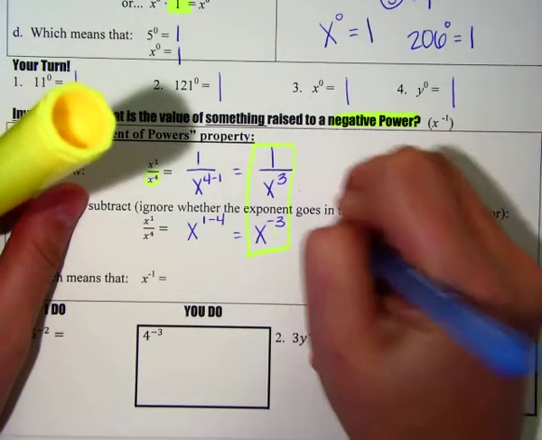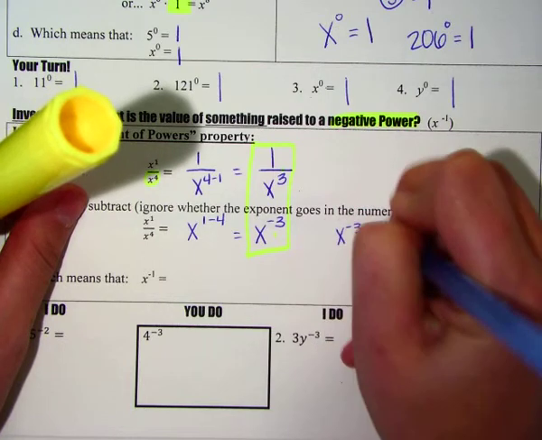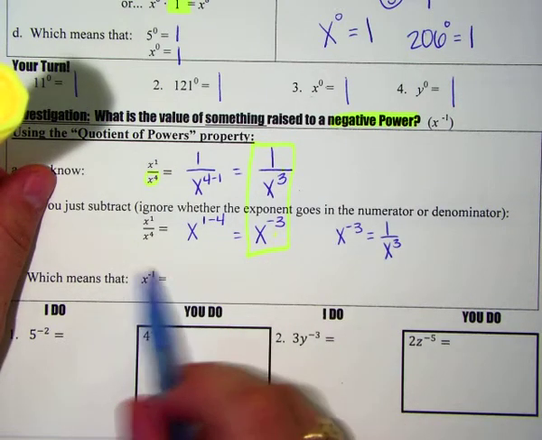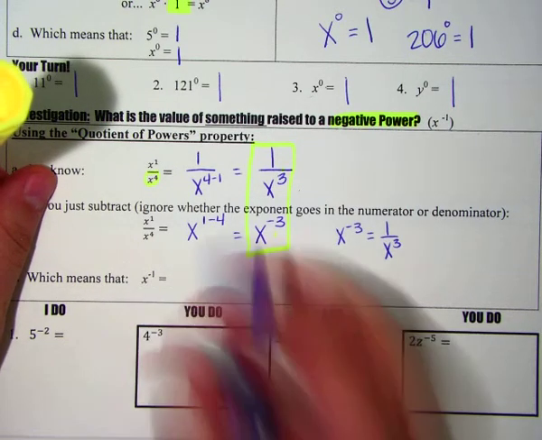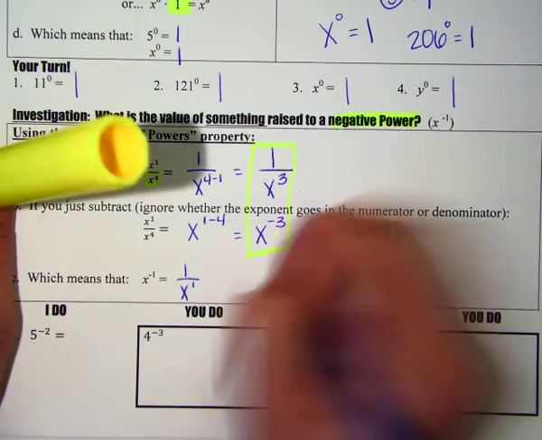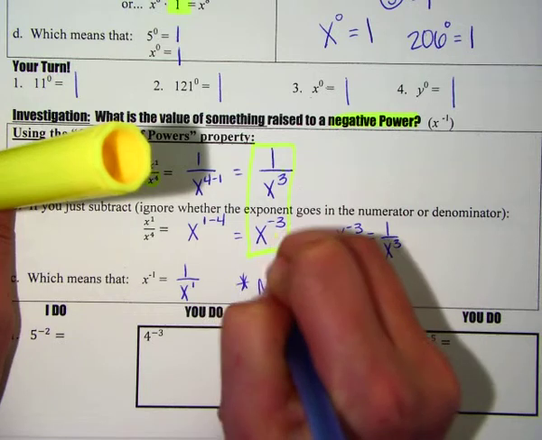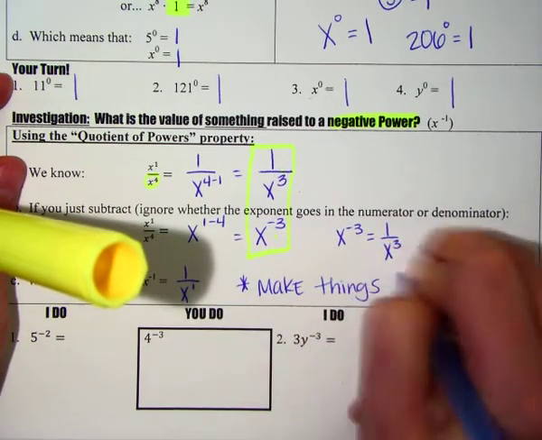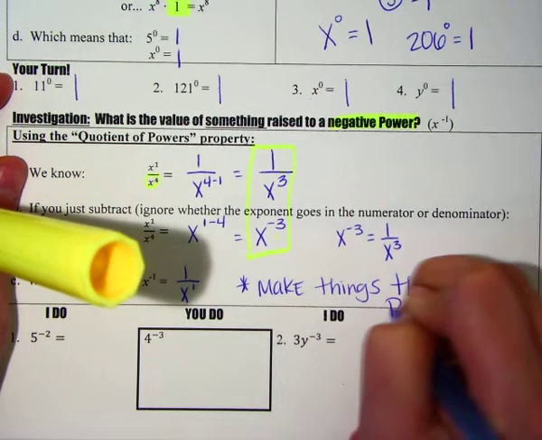So we know x to the negative third equals 1 over x to the third. So what does that mean negative exponents do? Negative exponents move things from a numerator to a denominator, which means negative exponents make things the reciprocal is the key.